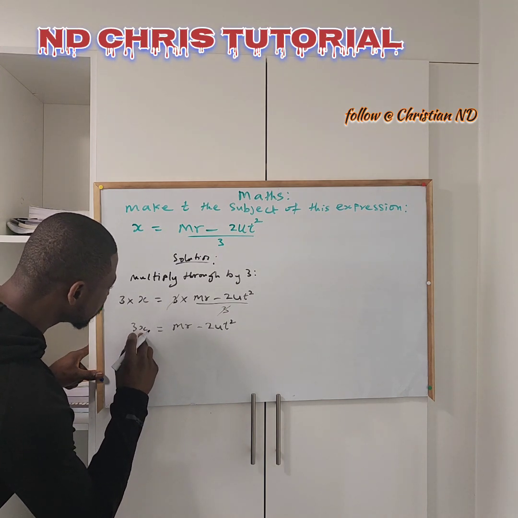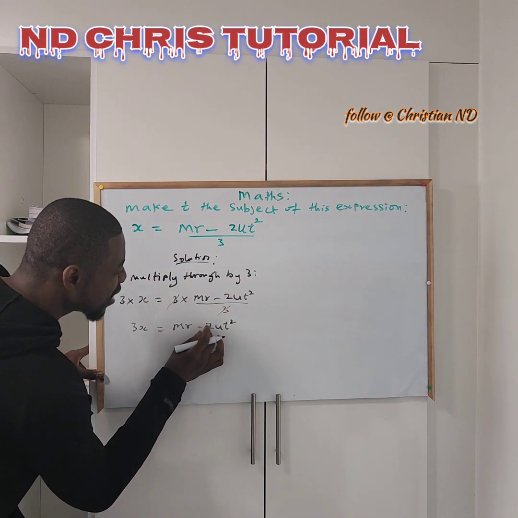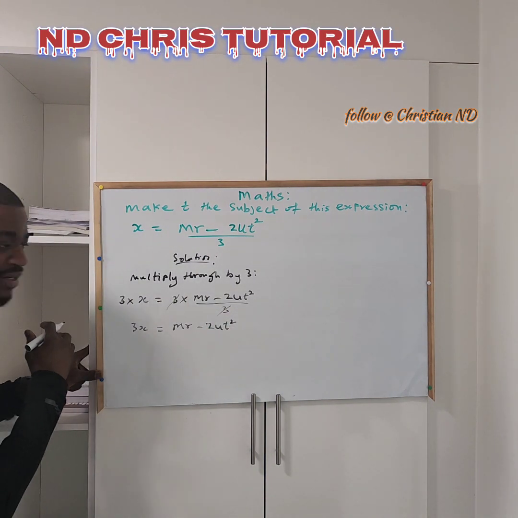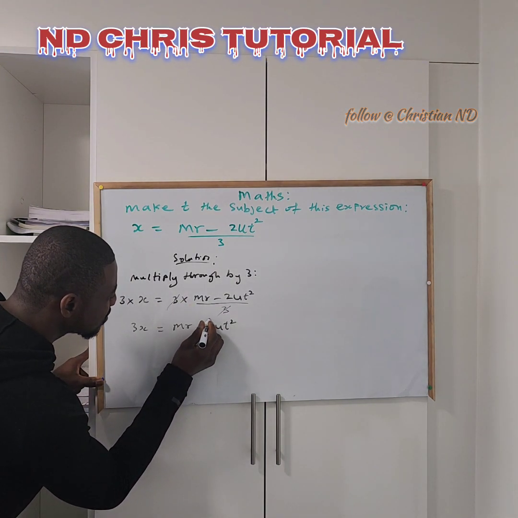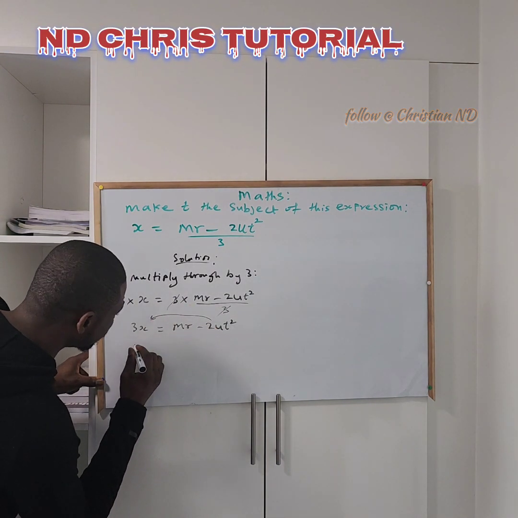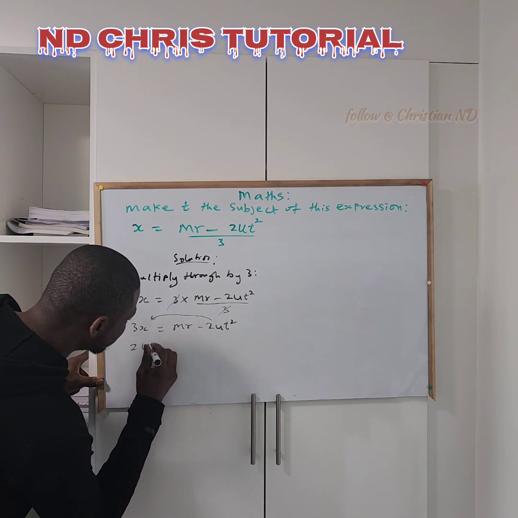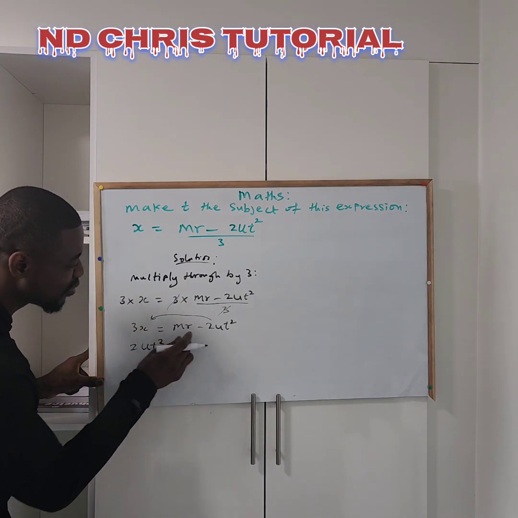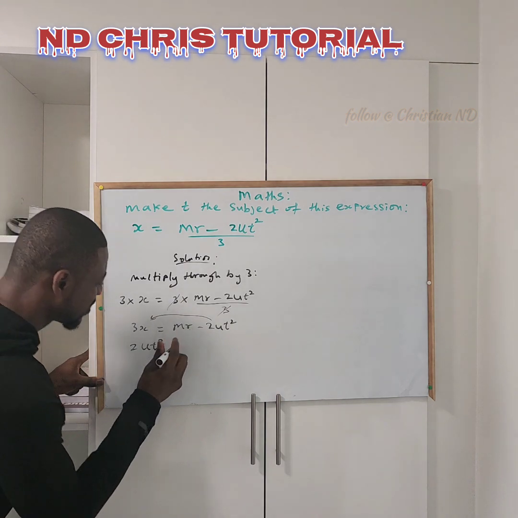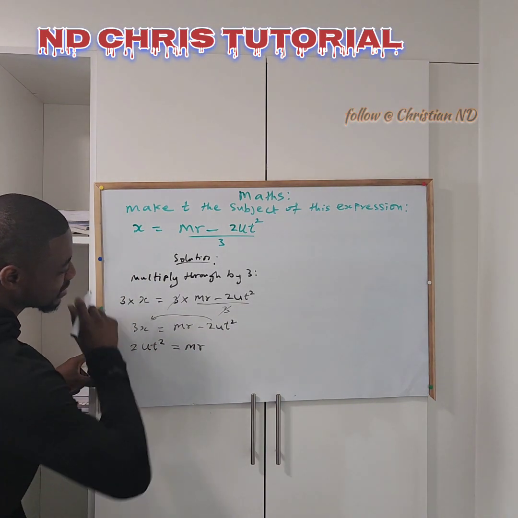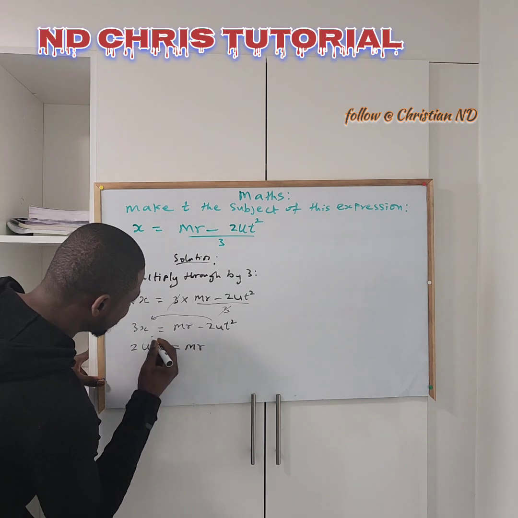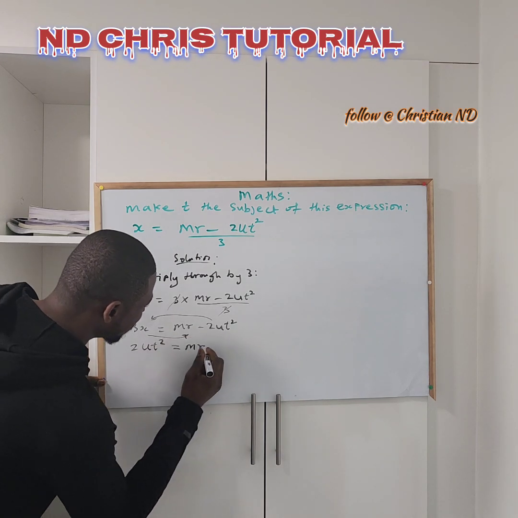I can decide to take 3x to this side and then bring minus 2ut squared to this side. When this comes to this side, it becomes what? 2ut squared. Why I'm doing that is to remove the negative sign. Equal to mr. Then 3x goes to the other side. 3x comes here to give us what?